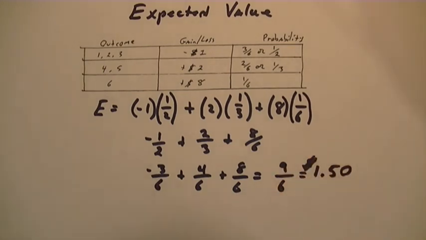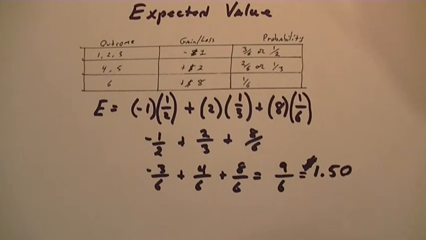It's just telling you that over the long run, repeated play should get you back $1.50. So if you paid to play the game 100 times, paid in $100, you should walk away from the table with about $150, maybe. But that's what an expectation would be based on the probabilities, and that's what expected value is all about.